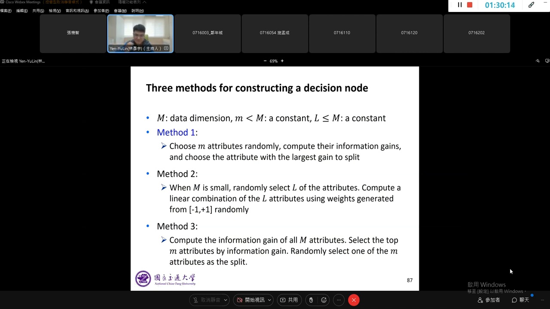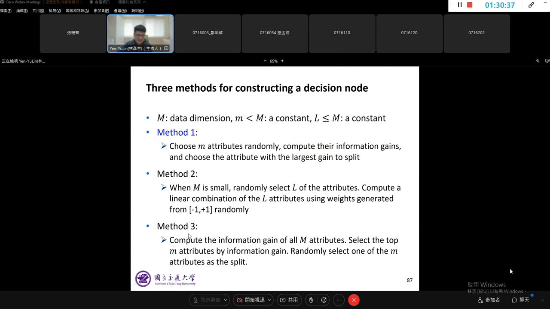In this situation, we try to get a threshold. We don't need to consider information gain to choose among features because we just have a single choice. We just use information gain to determine the optimal threshold. This is method number 2.